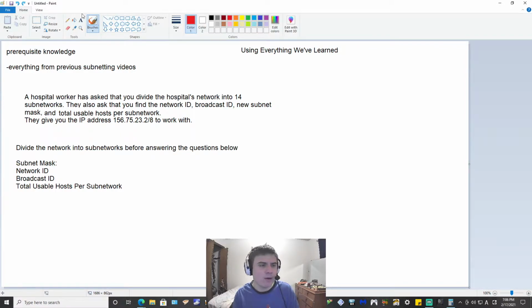Alright? So to start, the first thing I see is that this is a /8 network. Notice that the first octet, because if you remember our very first video, we went over classifying networks. Remember how I said even though some IP addresses can use a class B or a class C or a class A, they can actually be subnetted in an entirely different way.